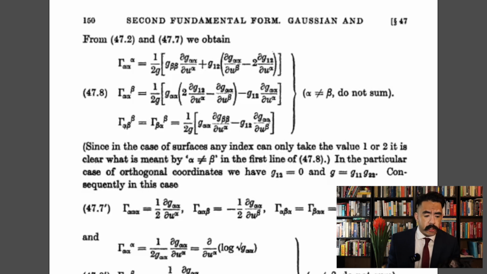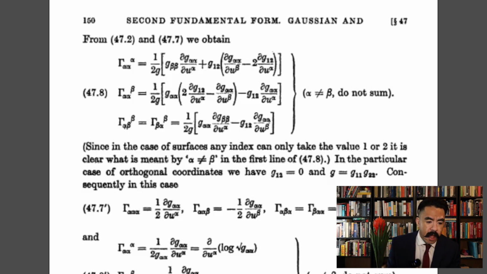Then we have Christoffel sub alpha alpha superscript beta equals 1 over 2 times g then times the quantity g sub alpha alpha times the quantity 2 times partial g sub 1 2 partial u alpha minus partial g sub alpha alpha partial u beta, closed quantity minus g sub 1 2 then times partial g sub alpha alpha partial u alpha, closed quantity.